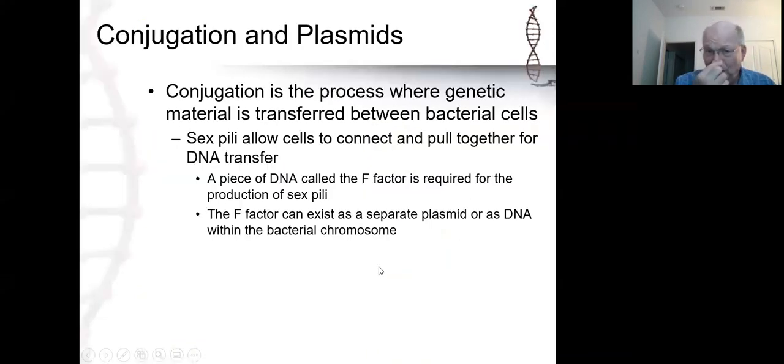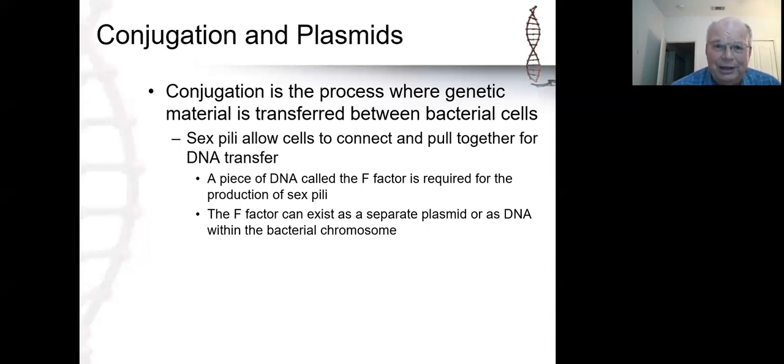Then we have the notion of conjugation. Now, conjugation does not occur arbitrarily. It is driven by a series of genes inserted into a piece of DNA called the F factor. The genes in the F factor trigger the formation of a physical connection, an extension of the plasma membrane of the donor cell that fuses to the plasma membrane of the recipient cell and forms a hollow membrane-bound tube that connects the two cells together.